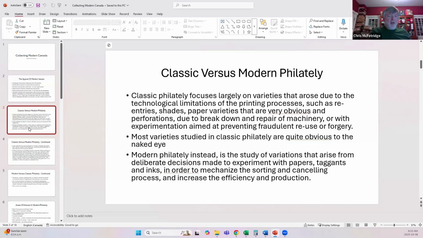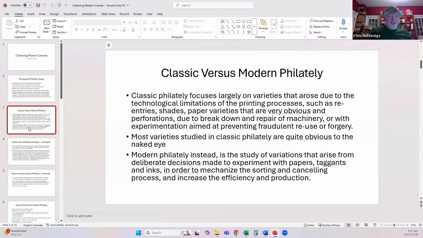So all phosphor tagging or fluorescent tagging, that's all introduced to mechanize the sorting process and to cut down on the labor required to sort and cancel letters. And that all starts in the 1950s and 60s around the world. So Great Britain has it, Canada has it as well. And in fact, the Canadian varieties arose from the trials conducted in England during the Wilding period.